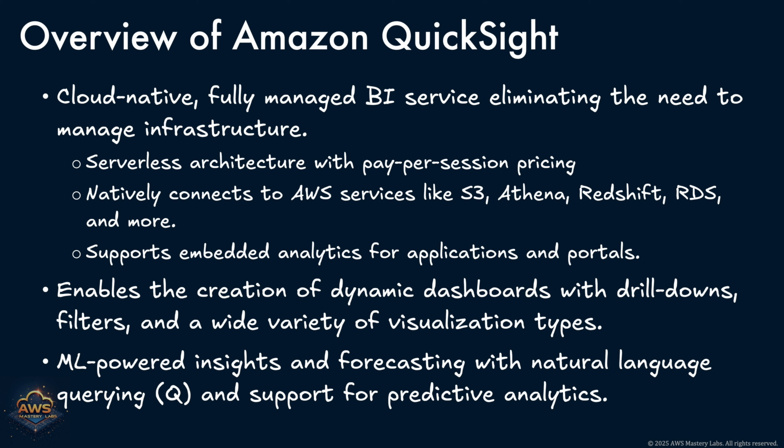QuickSight also brings machine learning to the forefront, with built-in capabilities like anomaly detection, forecasting, and natural language querying through Amazon QuickSight Q. This allows users to ask questions like, "What drove sales last quarter?" and get answers in plain English without needing to write SQL. Finally, it supports embedded analytics, enabling you to embed dashboards into your internal portals, customer-facing apps, or SaaS products, complete with fine-grained access control and secure, scalable delivery.